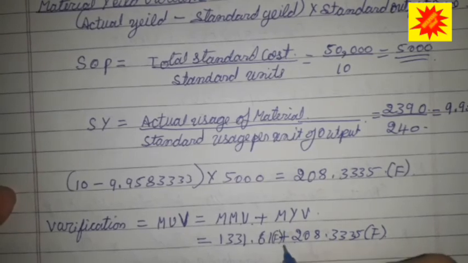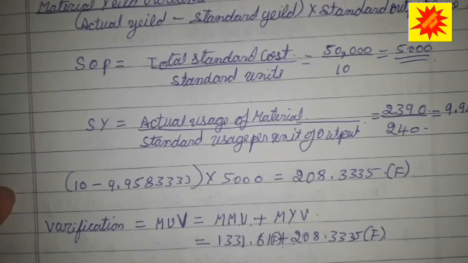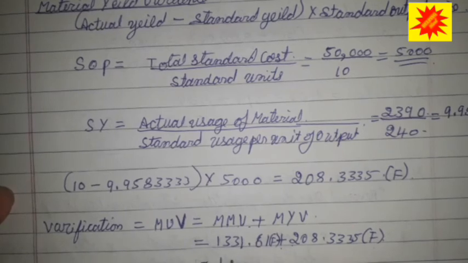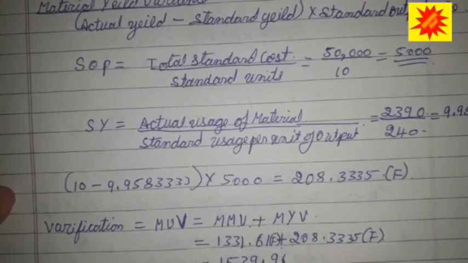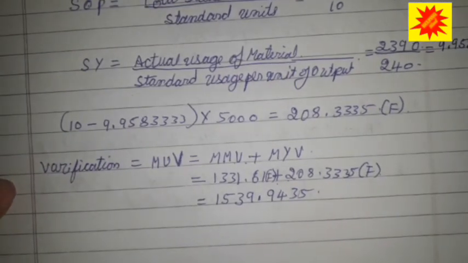Both are favorable, so both are positive. So when we add these two, we get 1539.9435. When you do it in the calculator, you will get this value.